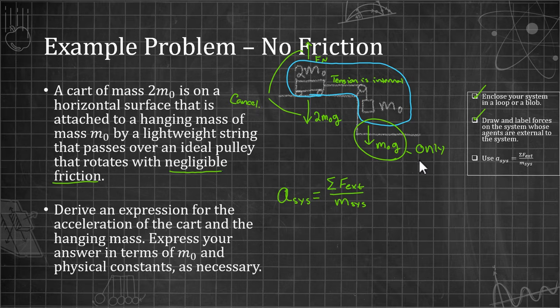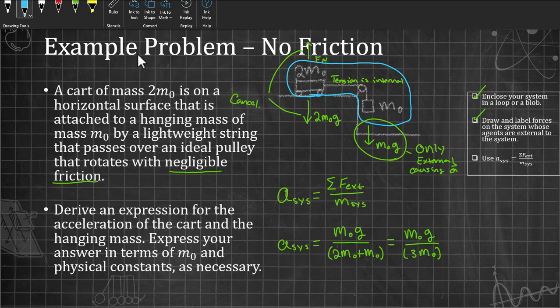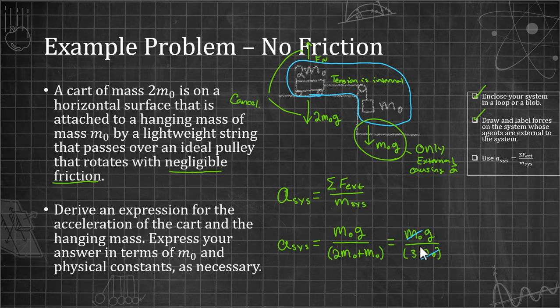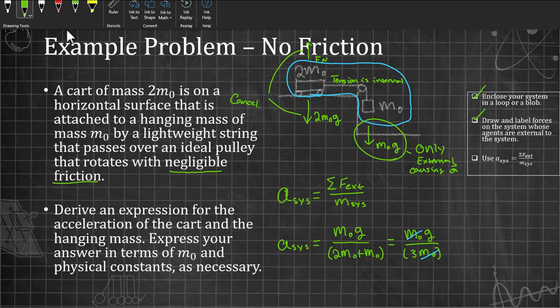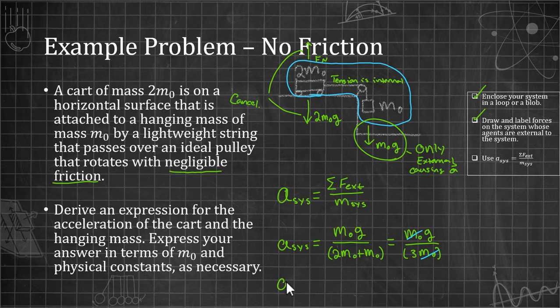Plugging in our values, in the numerator we get m naught times g, divided by the mass of the hanging mass, m naught, plus the mass of the cart, which is 2 times m naught. So we get m naught times g divided by 3 times m naught. The 2 variables m subscript 0 cancel out, and the acceleration of our system is simply the gravitational acceleration divided by 3.